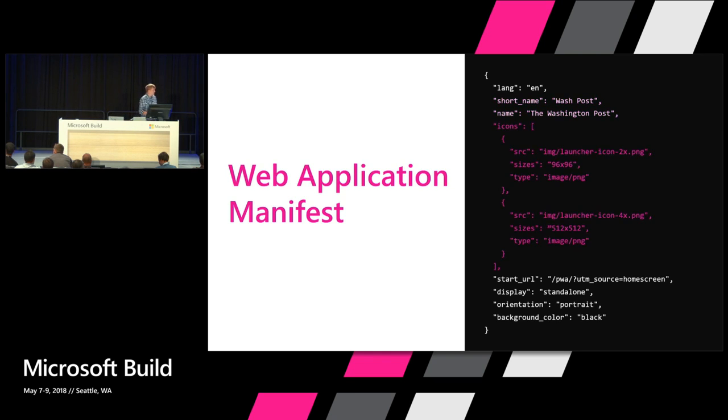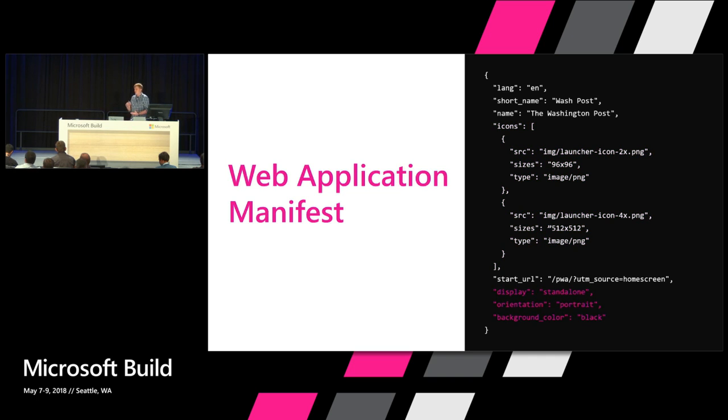The second thing is we want you to add some images. So at least a 512 by 512 size image should get you all the important tile sizes on Windows. But it's important that we have an image that we represent your app with. We don't want to just use a standard fallback of a PWA tile.